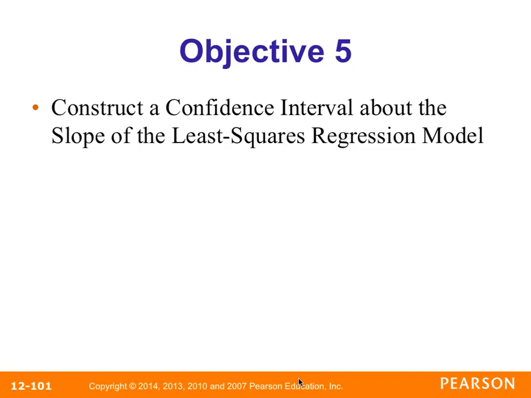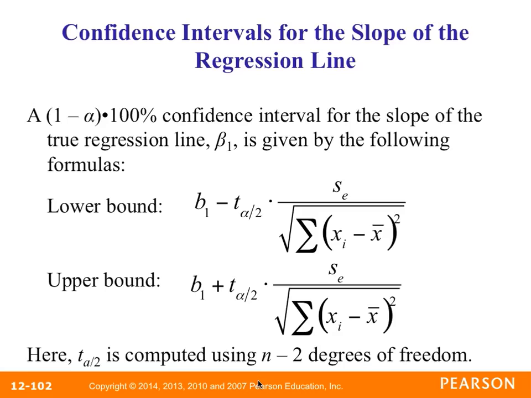Okay, objective 5 in this section is to construct a confidence interval about the slope of the least squares regression model. So a 1 minus alpha times 100% confidence interval for the slope is given as follows. You take b1 and you add and subtract your critical value, t alpha over 2, multiplied by s_e divided by the square root of the sum of xi minus x bar squared.